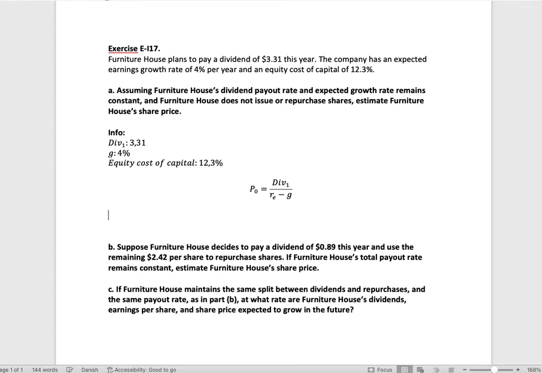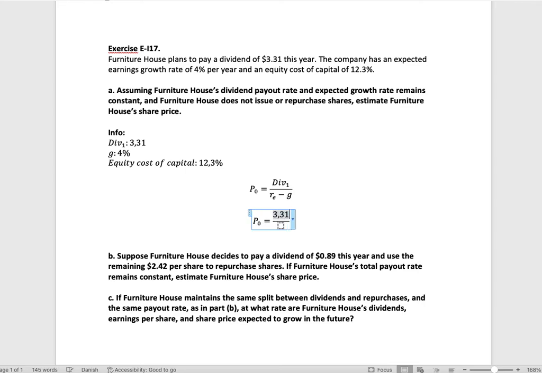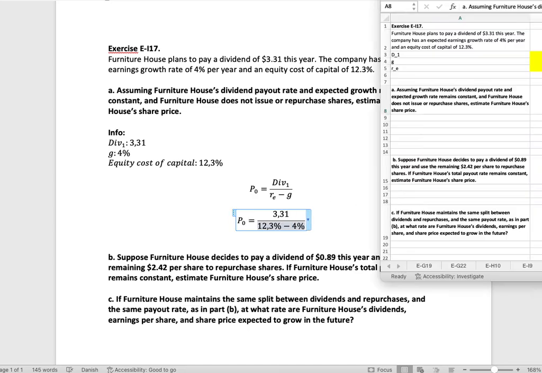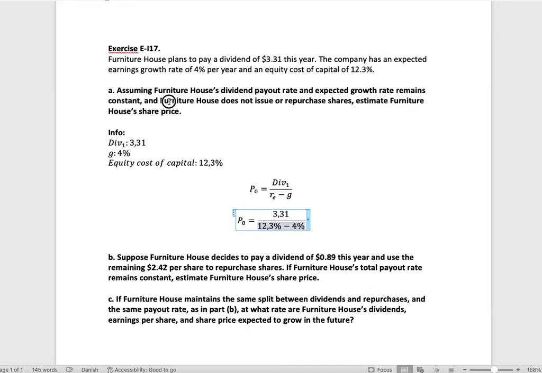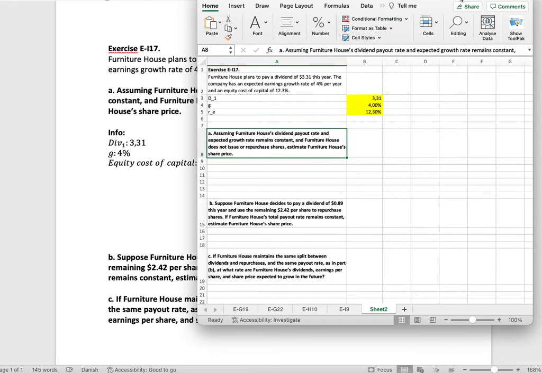Okay, back to it. So we know from before that when we plug these numbers in, we find the price of Furniture House's stock price.